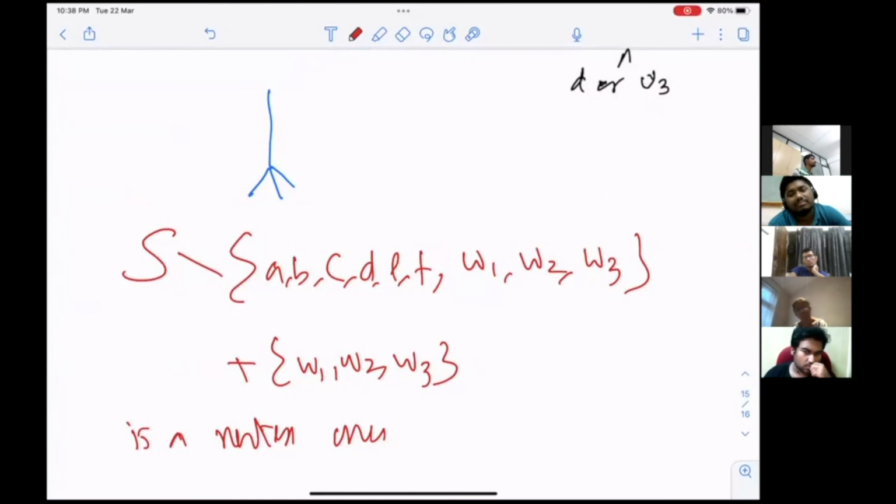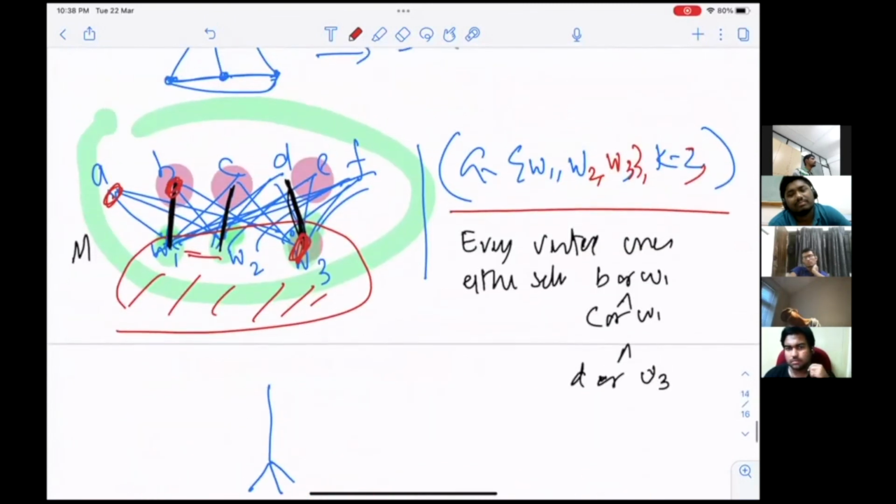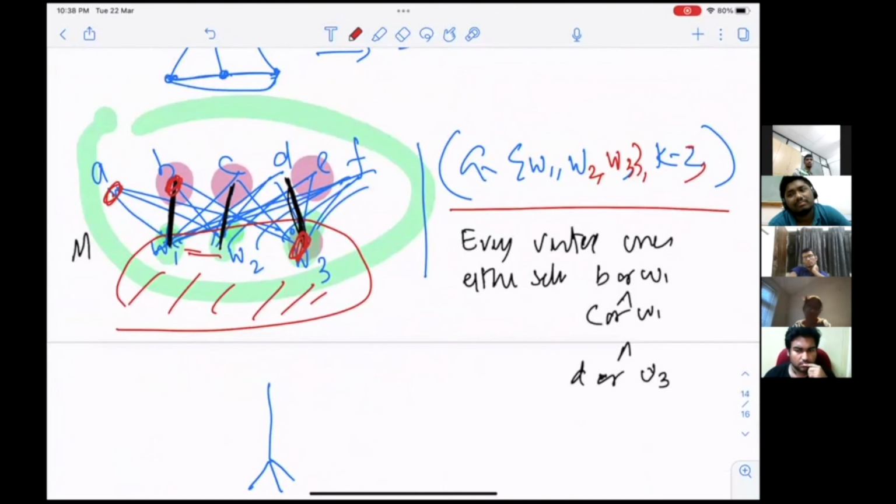Now, with respect to the covering property, look, any vertex in B, C, D can only cover edges going to W1, W2, W3. So by picking W1, W2, W3, you are picking anything that A, B, C, D, E, F can cover. And these can cover more because they have many more neighbors.